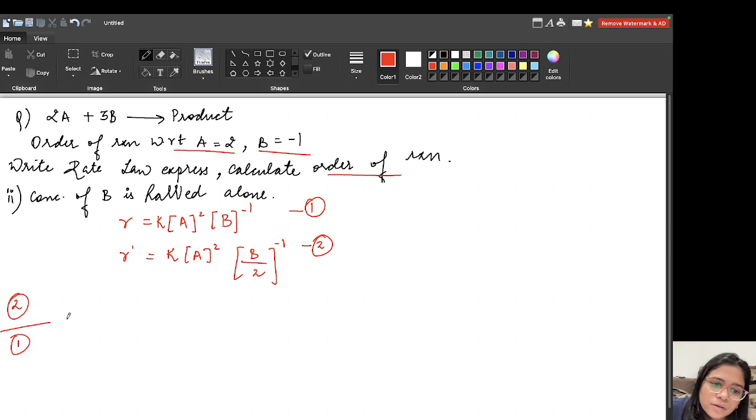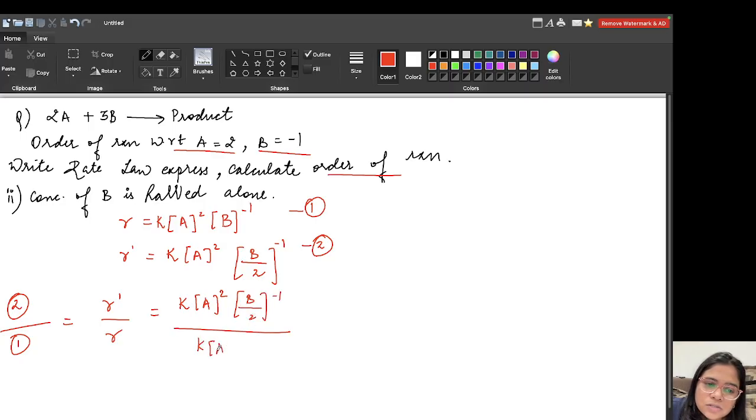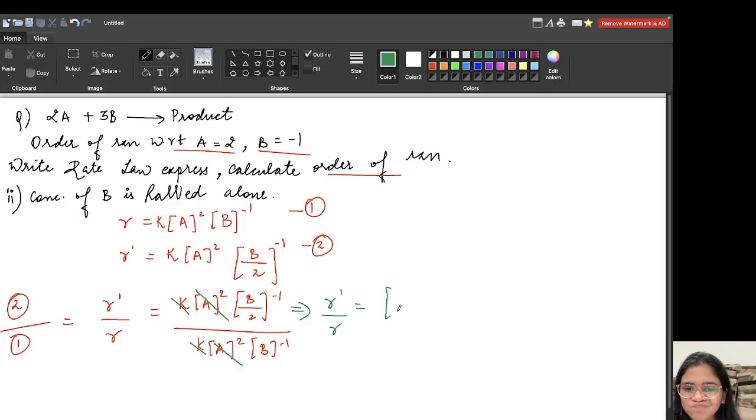So R dash by R is equal to K, A raised to the power 2, (B by 2) raised to the power minus 1, divided by K, A raised to the power 2, B raised to the power minus 1. What do you need to cancel? Just cancel K and A raised to the power 2. What do you get? R dash by R equals B raised to the power minus 1, 2 raised to the power minus 1, divided by B raised to the power minus 1.